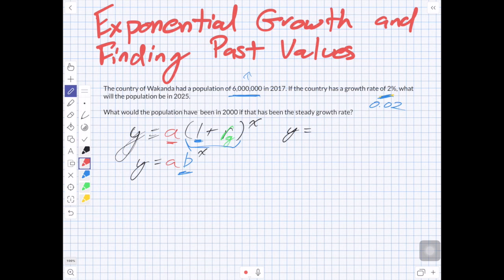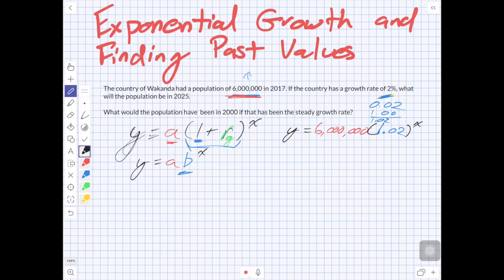Well, the initial value of the country was 6 million, times 1 plus 0.02. 1 plus 0.02 is 1.02. And this is all going to be to the power of x.